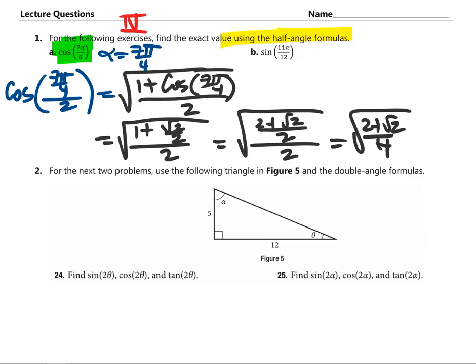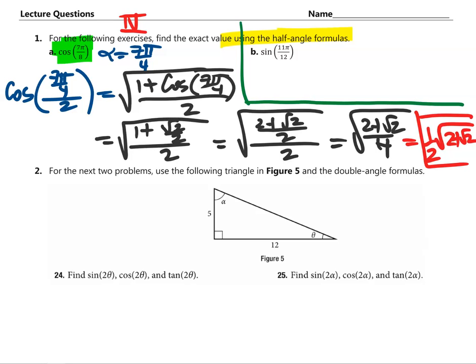And now the answer, square root of 1/4 is 1/2. I don't have space. Square root of 2 plus square root of 2. So that is letter A.